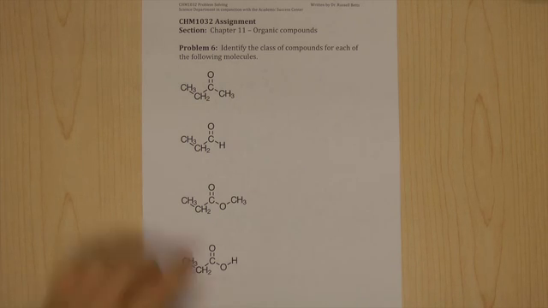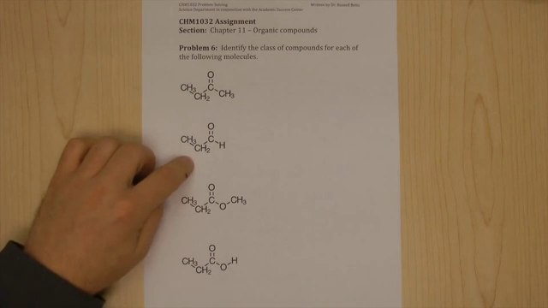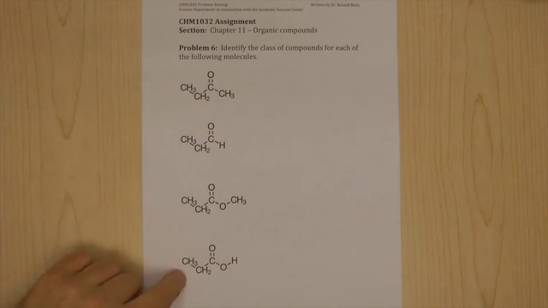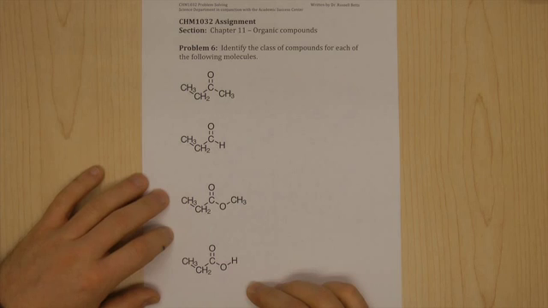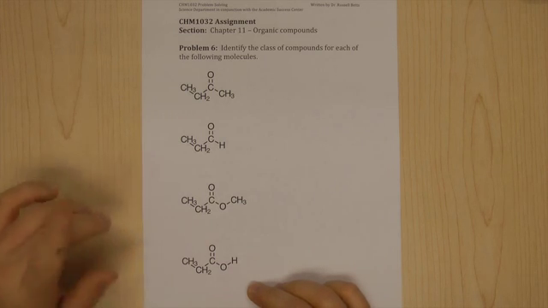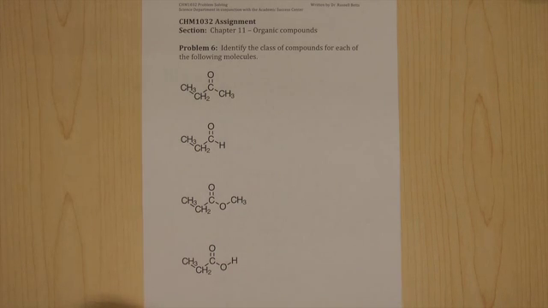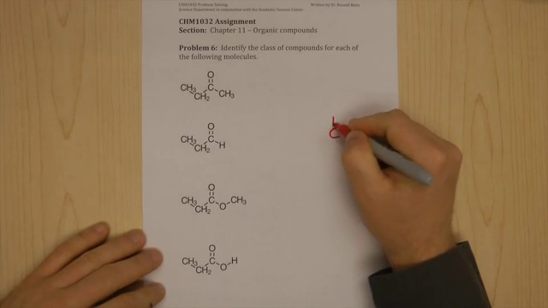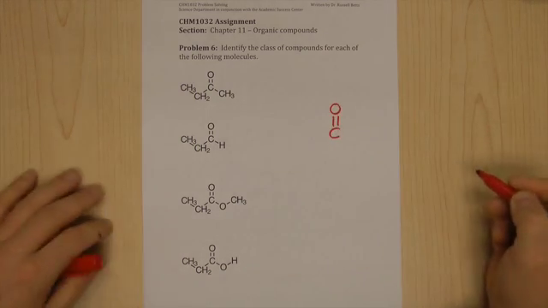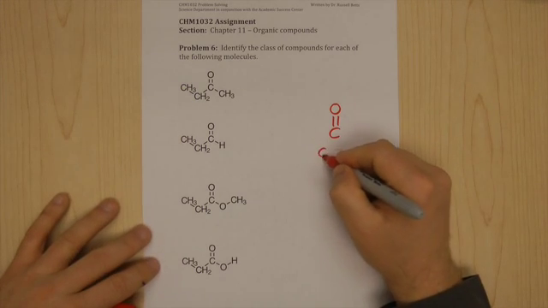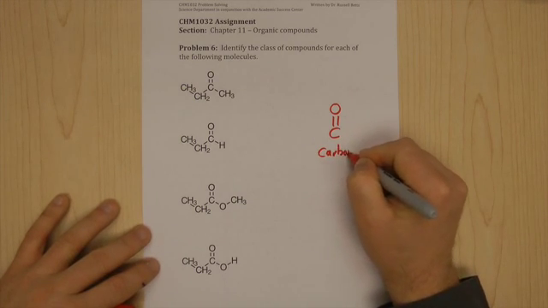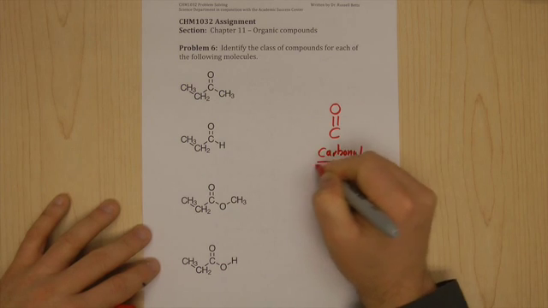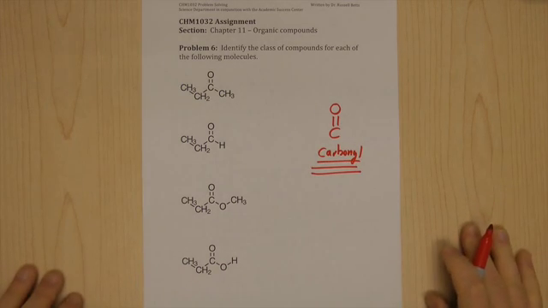Now, all four molecules are similar. They have one structural element that's common between all four. This one. That is called carbonyl. That is not a class of compounds.